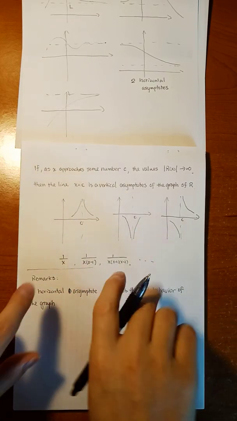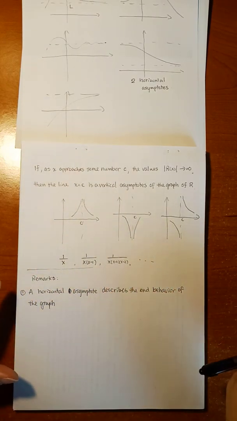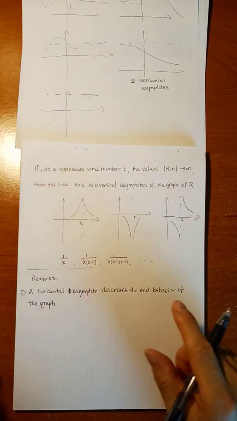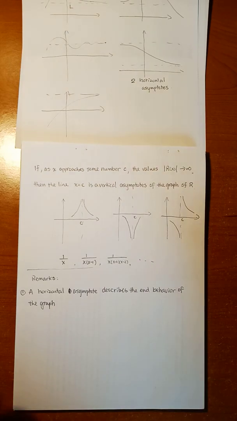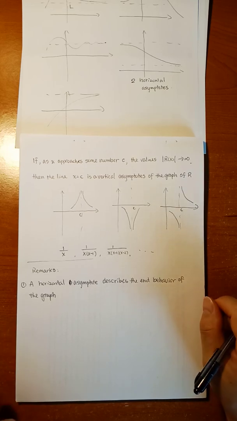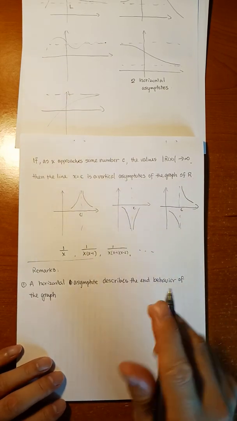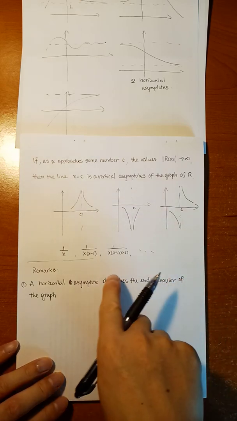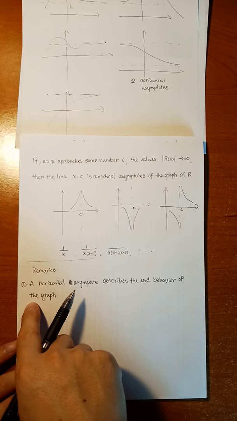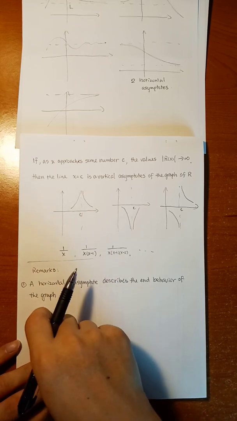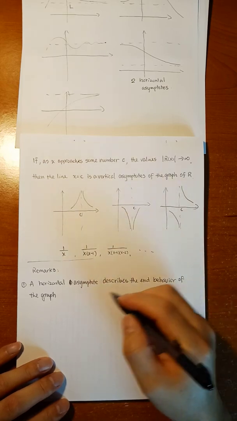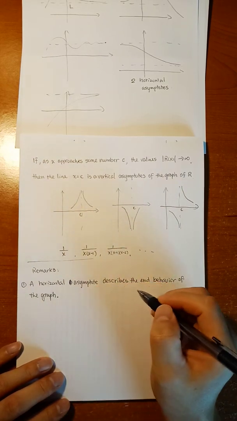What is end behavior? Remember, end behavior means when x is positively large or negatively large. Positively large approaches positive infinity. Negatively large approaches negative infinity. So that's the same meaning. So when that happens, you have a fixed number, then you get a horizontal asymptote. When x is negatively large, you have a fixed number, you have another horizontal asymptote. So that is the meaning of a horizontal asymptote.